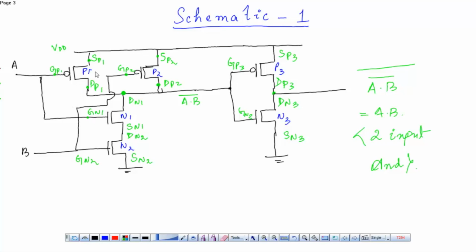Now can we just directly draw the layout from this kind of schematic? Yes, we can draw, but it will be very unorganized. So we can draw the twisted form of diagram for this AND gate.